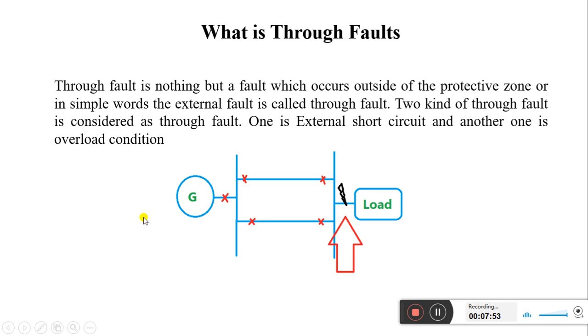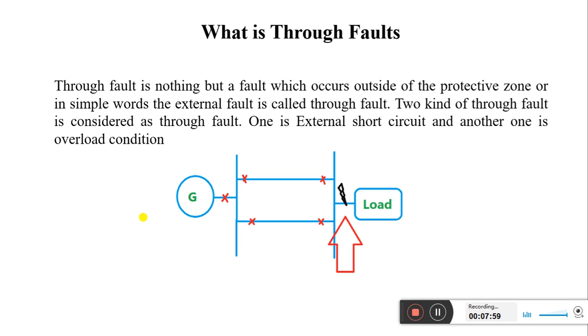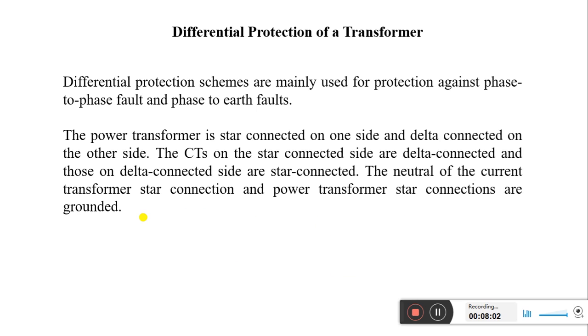So far we have understood what through faults are, and what overfluxing in the transformer is. Now we will define the differential protection of a transformer, because to protect a transformer a differential protection is generally applied, and the principle of operation of differential protection we have already understood in the previous classes.